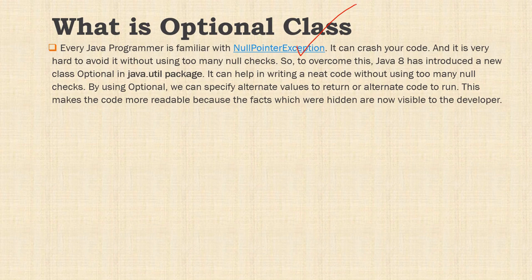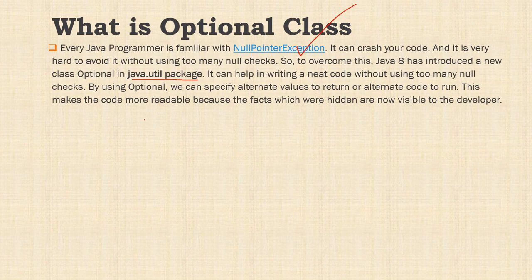It can crash your code, and it is very hard to avoid it without using too many null checks. So to overcome this, Java 8 introduced a new class, Optional, in the java.util package. It can help in writing neat code without using too many null checks. By using Optional, we can specify alternate values to return or alternate code to run.